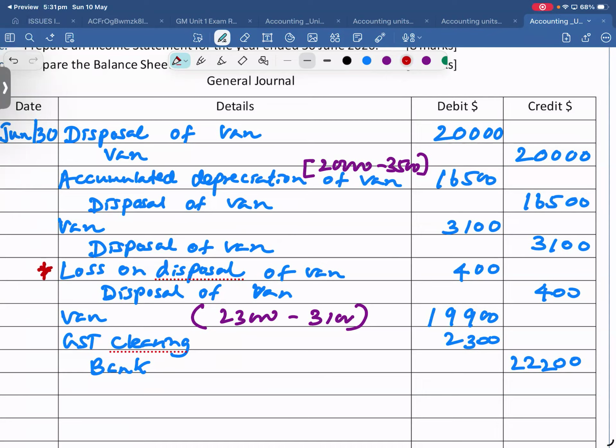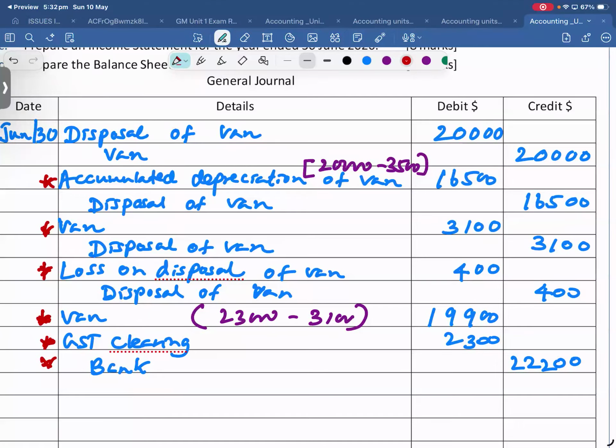And GST. So these are the impacts, guys. And accumulated depreciation. Right. Then what are we going to do?